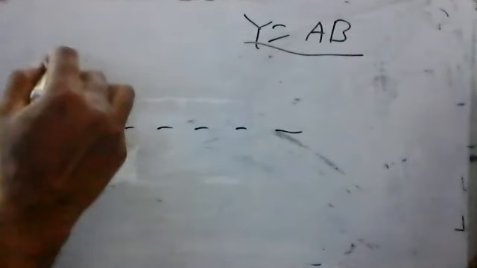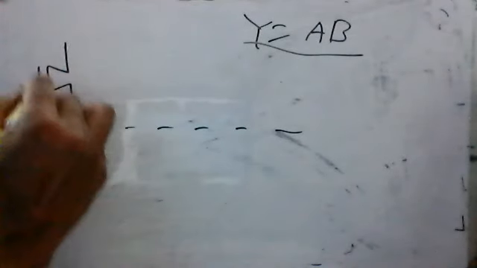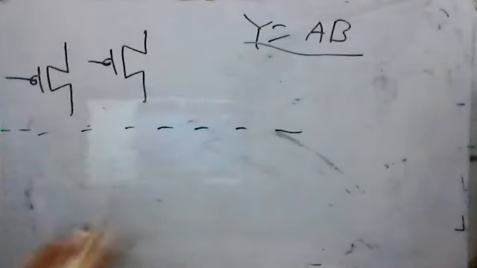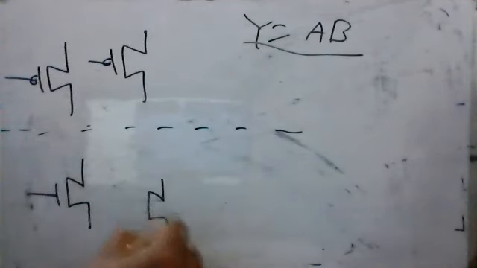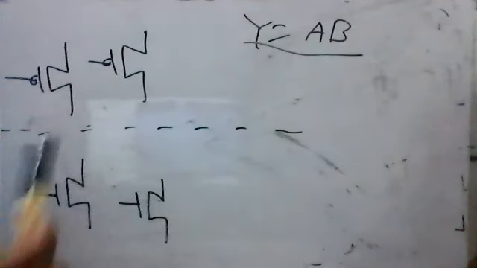So we can divide the whole thing in half, put two PMOS here and two NMOS here. We just randomly put them here, since we need two PMOS and two NMOS.